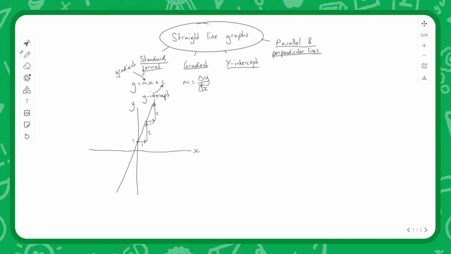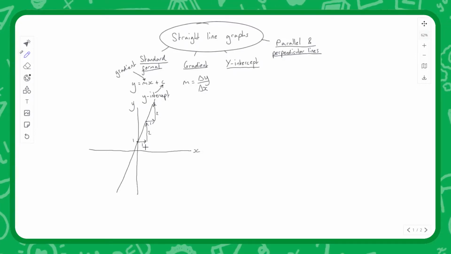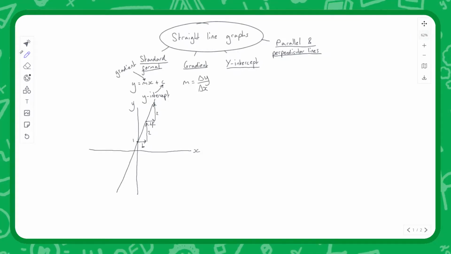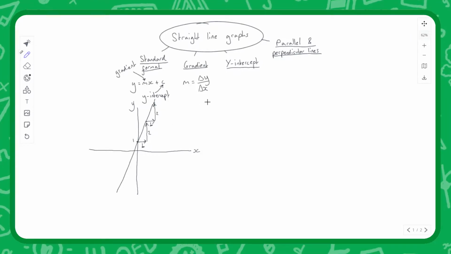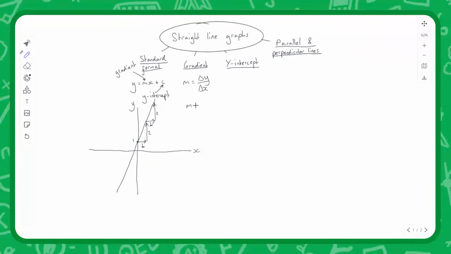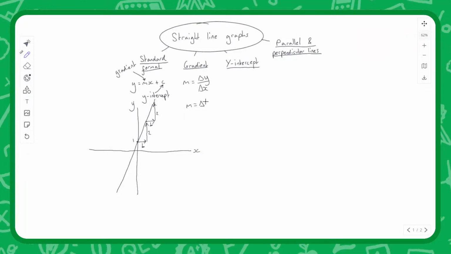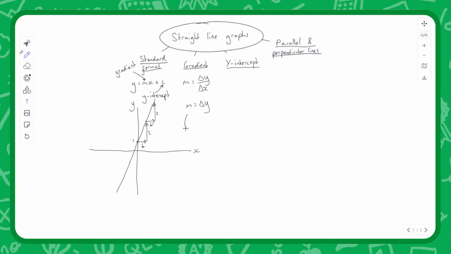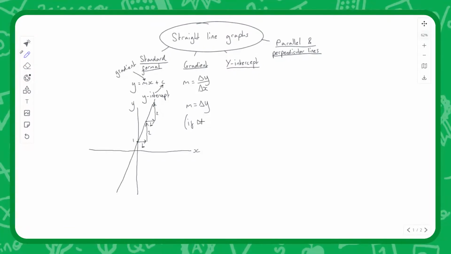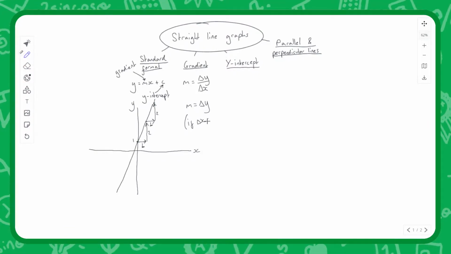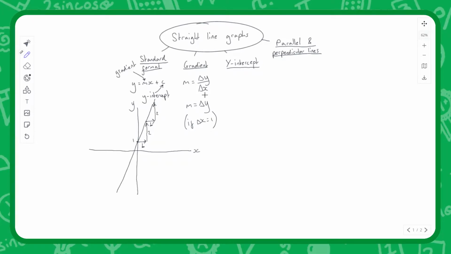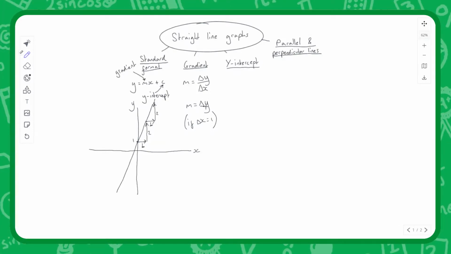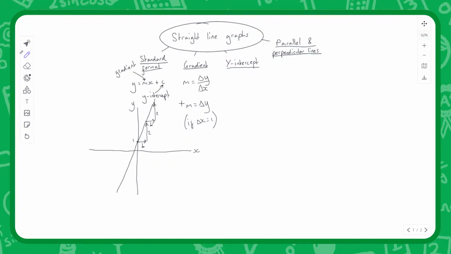If we decide the change in x is just going to be 1, as we have in both these cases, then m is equal to the change in y, because anything divided by 1 is just itself. So that's my gradient.